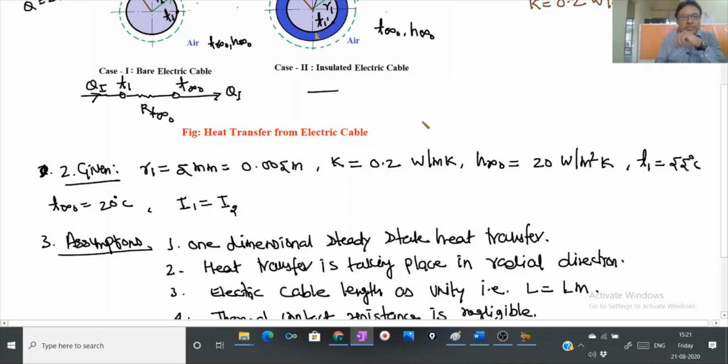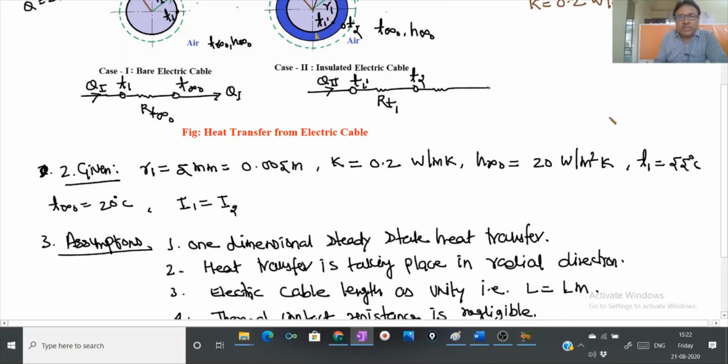In second case, the flow quantity will be Q2. The first thermal resistance will be offered between temperature T1 dash and let's say outer surface temperature of the insulating material T2, and this will be conductive thermal resistance.